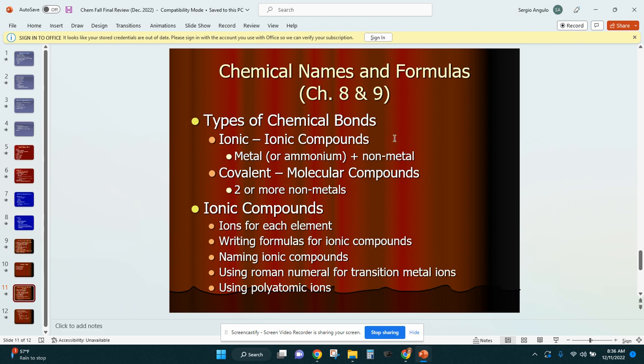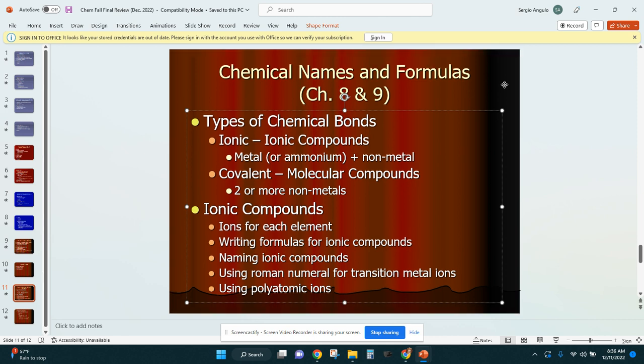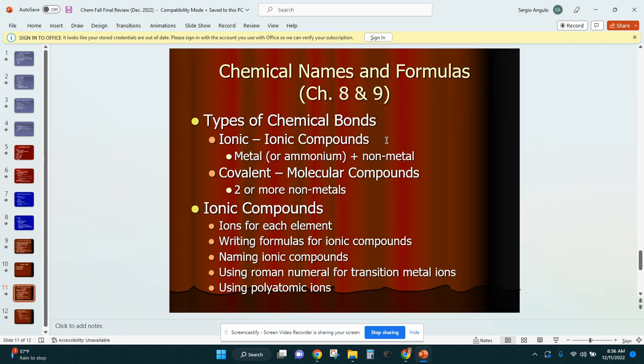Ionic compounds tend to have higher melting points and boiling points because those crystal lattices are pretty strong, so to get those ions to separate from each other is kind of hard. Molecular compounds you can melt and boil a little bit easier because the covalent bonds hold the atoms within the molecule together, but the molecules are stuck together because of intermolecular forces. We have not covered that yet.